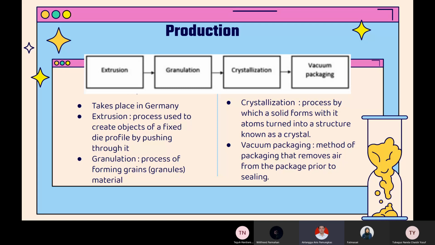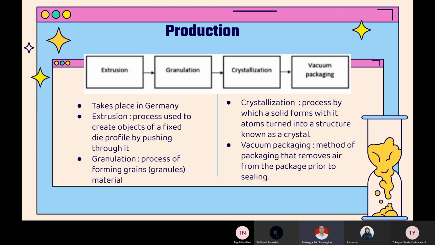Then second, granulation is the process of forming grains or granules from a powdery or solid substance, producing a granular material. The third one, crystallization, is the process by which a solid forms where the atoms or molecules are highly organized into a structure known as a crystal.